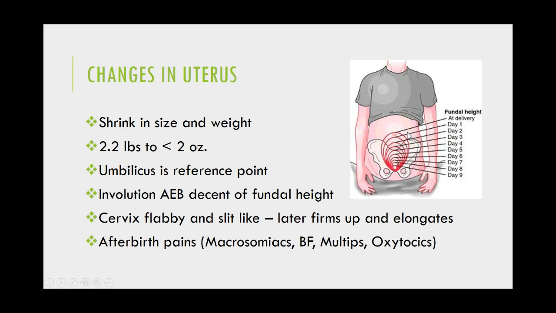And then it goes down about 1 centimeter a day. The cervix, which is also part of that uterine muscle, is very flabby and split-like, and later it begins to firm up and elongate back to its normal structure.